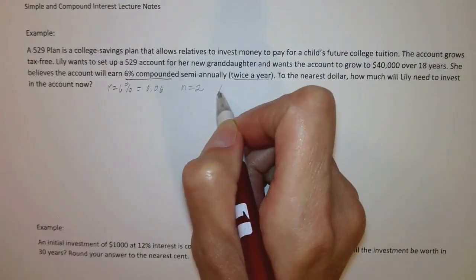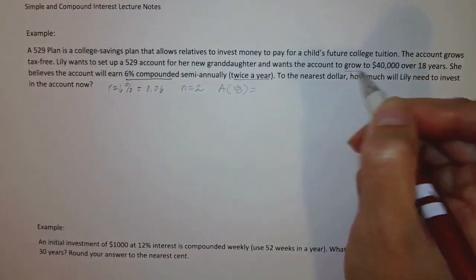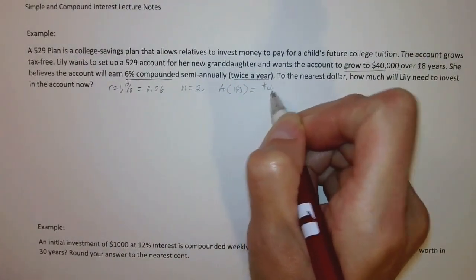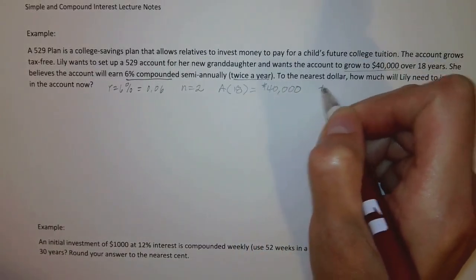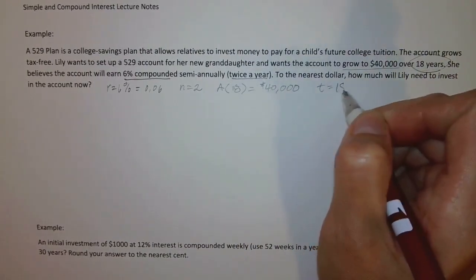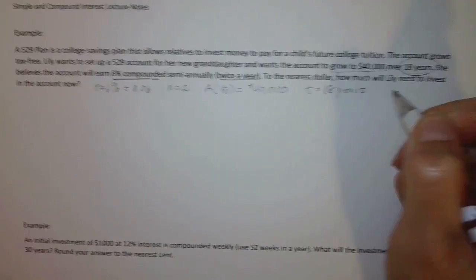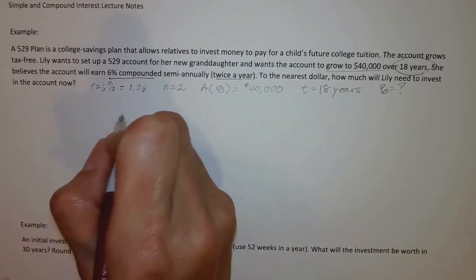She wants the amount in 18 years to grow to $40,000. She says over 18 years, so t equals 18 years, and we need to know how much she should invest. So let's plug what we know into the equation.